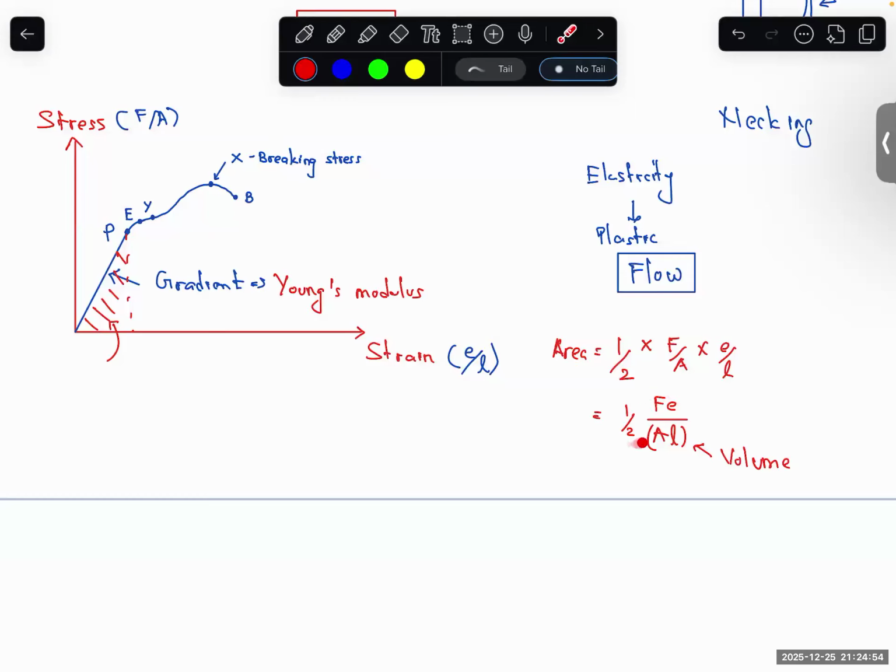So here the total energy is there, but it's divided by AL. So that tells us, because AL is volume, what we are talking about is the energy stored per unit volume. Any questions there? No questions there?